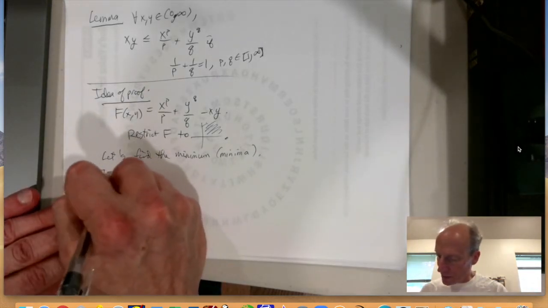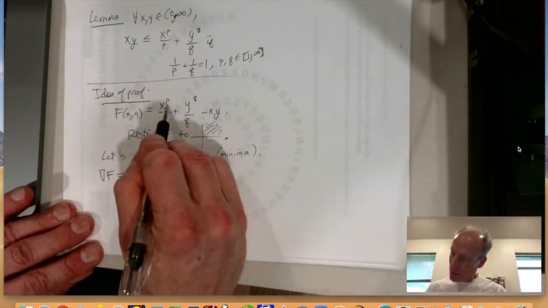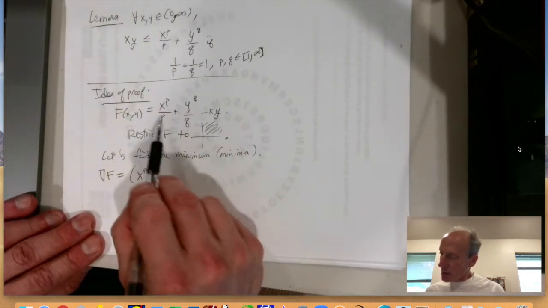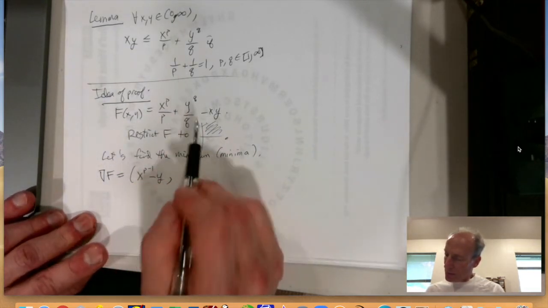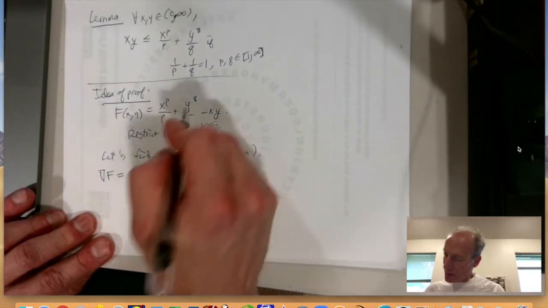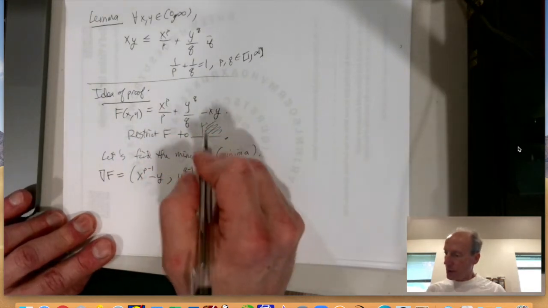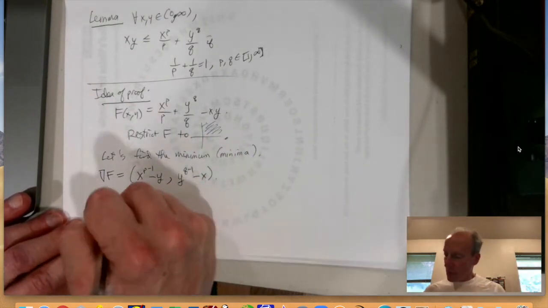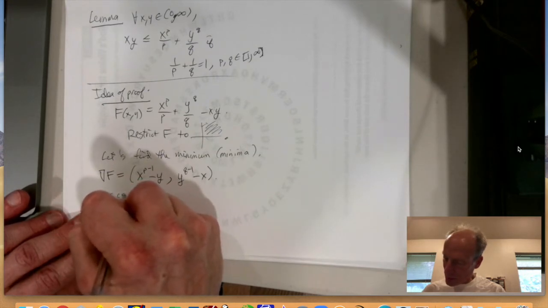The gradient of f is going to be the x partial derivative, which, notice the p's cancel, so you get x to the p minus 1 minus y, and then the y derivative, the q's cancel, so it'd be y to the q minus 1 minus x. So for a critical point, this equals 0.